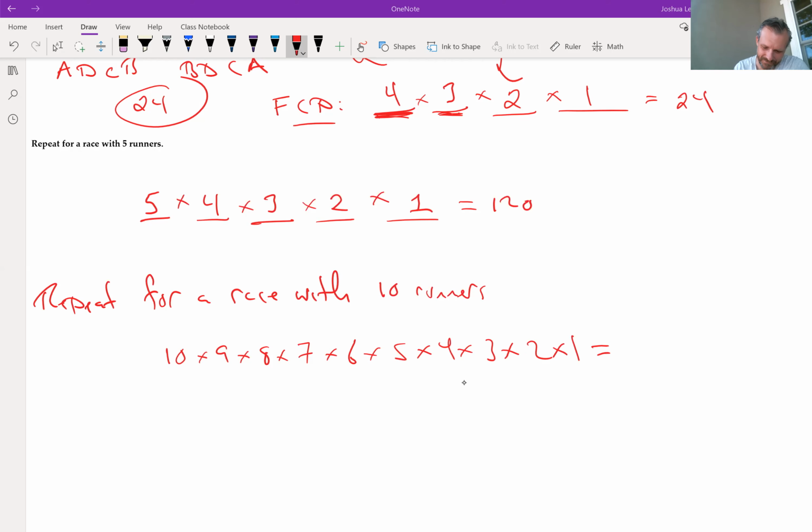But let's see. 10 factorial is 3,628,800. Okay. If you want to put this in the context of gambling, if you were to guess the finish of this race, places 1 through 10, the probability that you actually guess correctly would be 1 over that. Probably not.